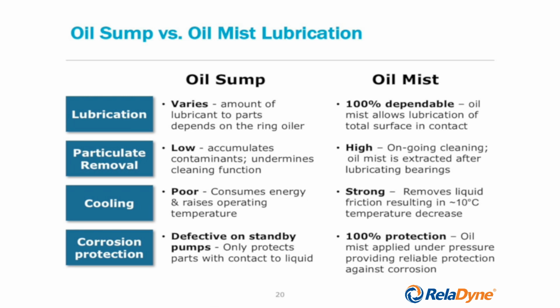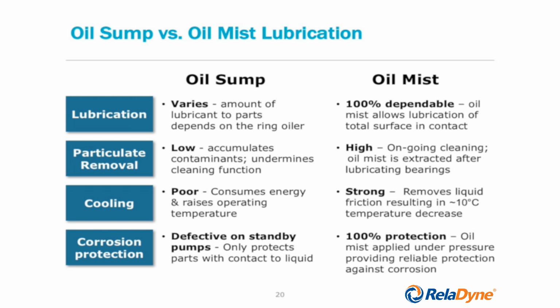And so getting back to these four principal reasons why lubrication is used in the first place, well, in an oil sump, the amount of lubricant to different parts really depends on how this lubricant is applied. Sometimes it's a so-called ring oiler.